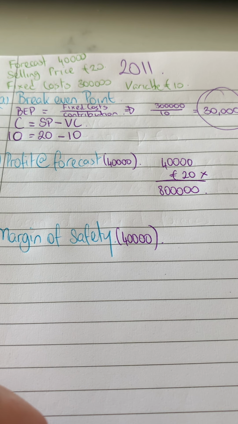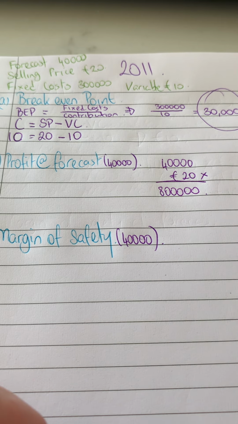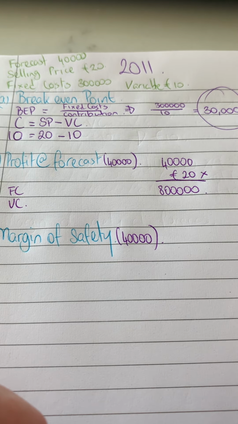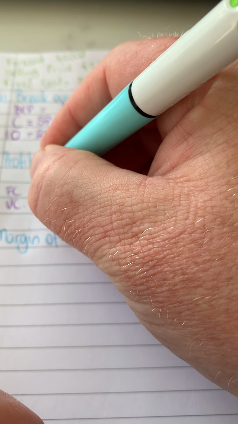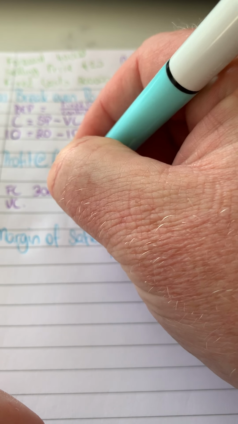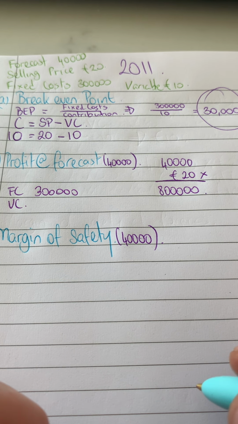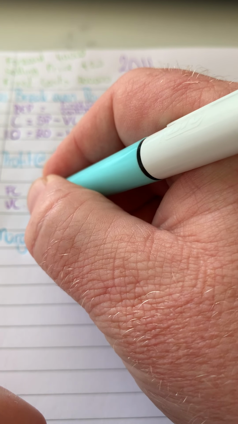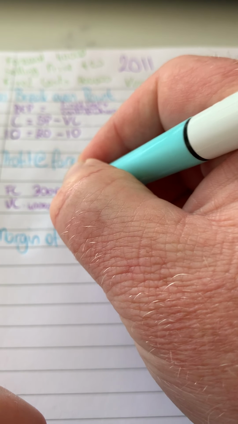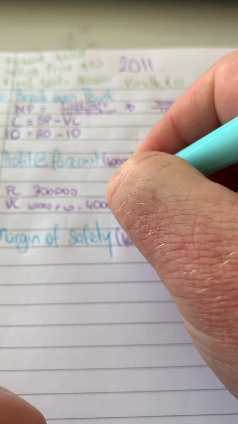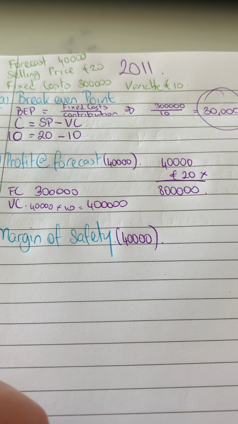In order to find the profit, we must take away our costs from that. We have fixed costs and variable costs. The fixed cost is given to us as 300,000. The variable cost is 10 euros per unit, so 40,000 multiplied by 10 is 400,000.